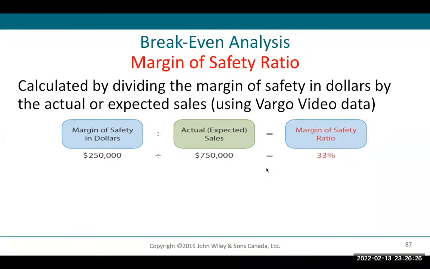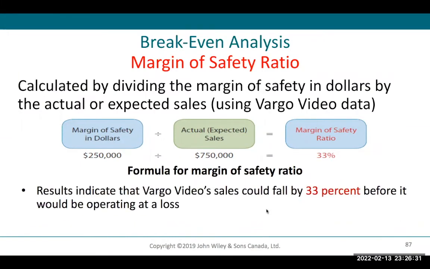But how do we calculate a margin of safety? Your margin of safety is the difference between your budgeted sales and your actual or expected sales.